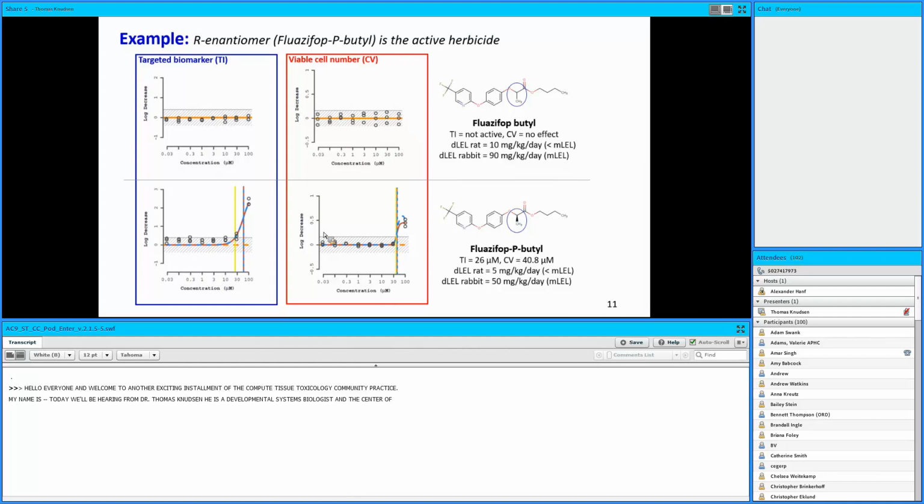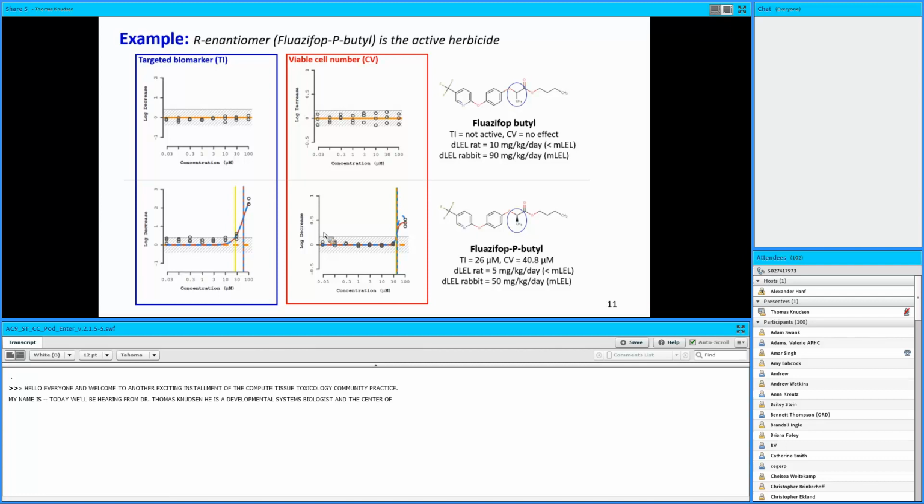I've listed also the developmental lowest effect levels observed for these 2 compounds in a rat and rabbit. And just real quickly, if you'll notice, both of them had developmental toxicity when tested in pregnant animals. So it's possible that in vivo one form is converted to the other.